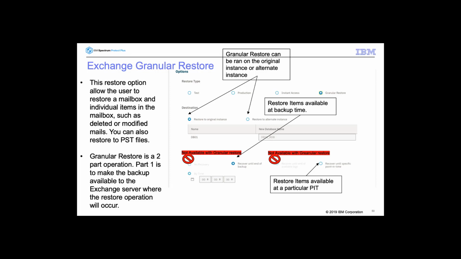Now, the difference in the way this works is when you do a granular restore, it is going to be a two-step or two-part operation. Part one that you're going to run from the Spectrum Protect Plus server is going to make the backup available to the Exchange server where the restore operation will occur.